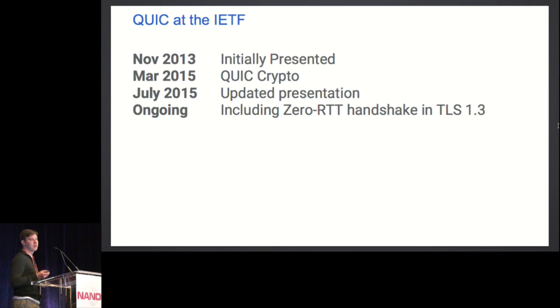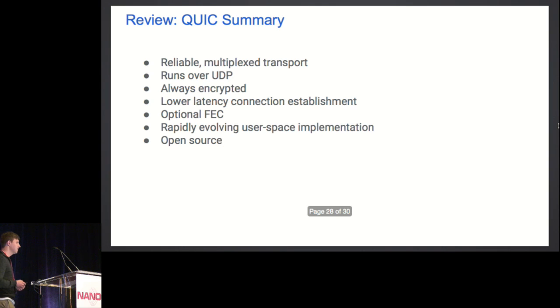And we have ongoing work, as I mentioned, to make sure that QUIC's zero RTT handshake merges with TLS 1.3 so we can eventually move directly to TLS 1.3 for QUIC. So in review, it's reliable, it's multiplexed, it runs over UDP, it's always encrypted, has optional forward error correction, has a rapidly evolving implementation, and it's open source.